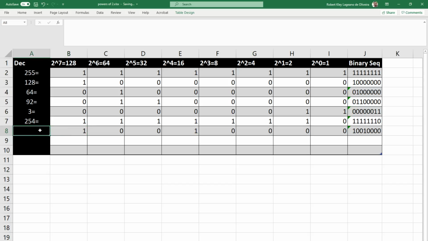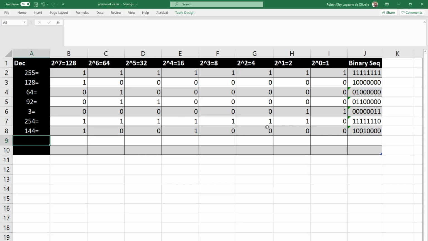This is just going to be 128 plus 16. So 128 plus 16 is going to be equal to 144. Okay, is this clear?